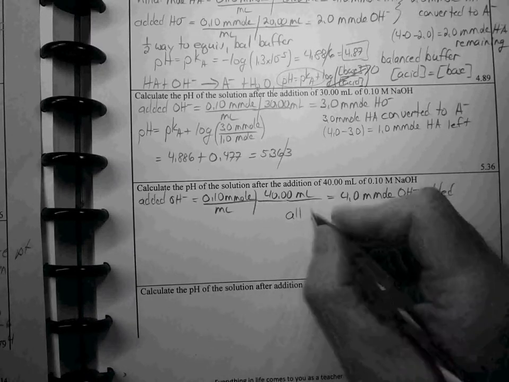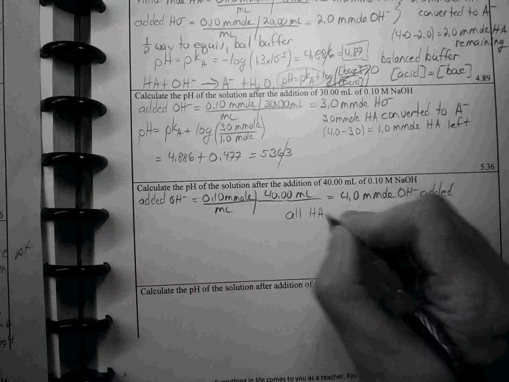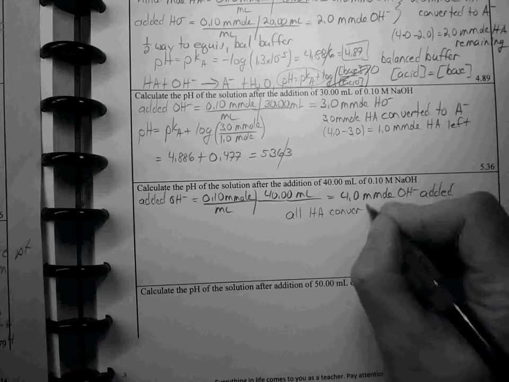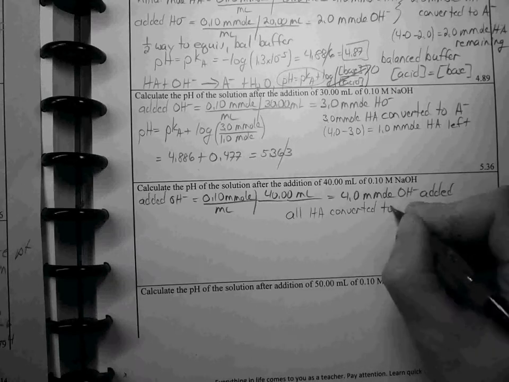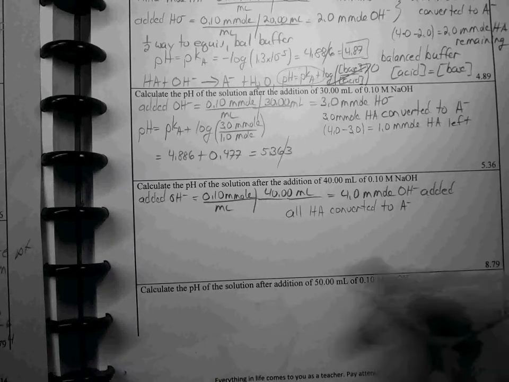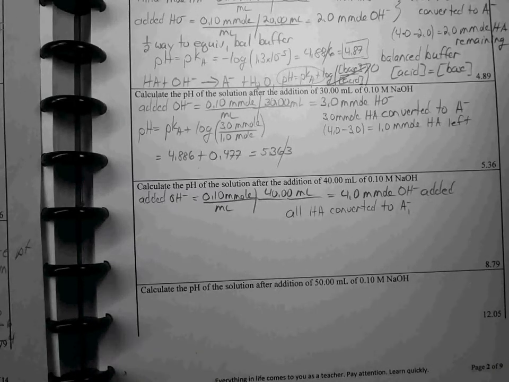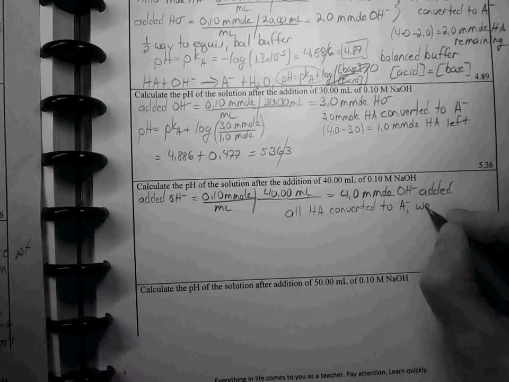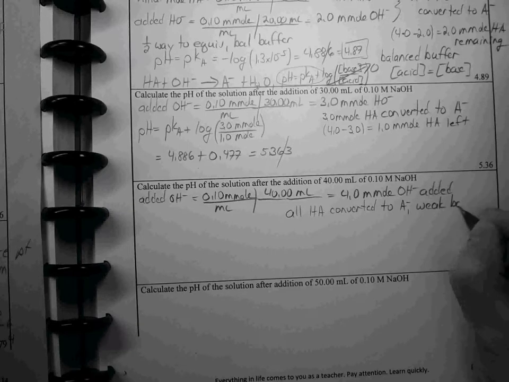So all of our HA has been converted to A minus. So what do we have in the beaker? We have simply A minus. This becomes a weak base problem.